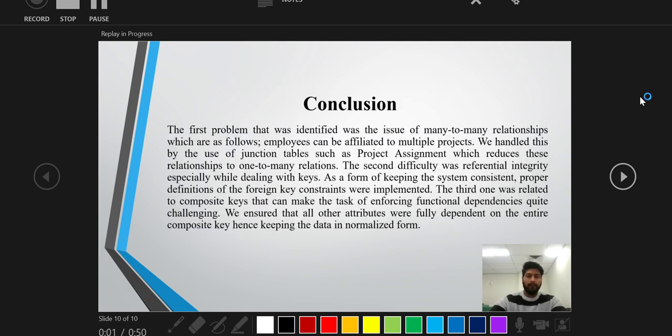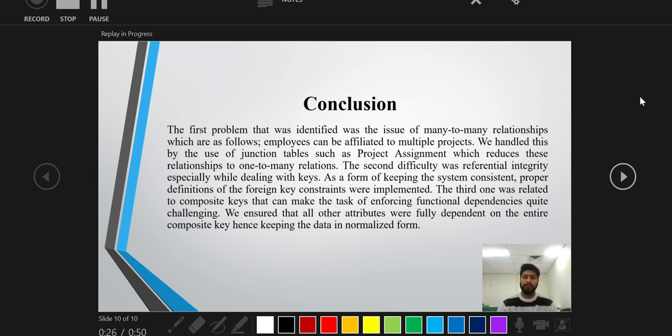The conclusion: the first problem that was identified was the issue of many to many relationships. Employees can be affiliated to multiple projects. We handle this by the use of junction tables such as project assignment, which reduce these relationships to one to many relations. The second difficulty was referential integrity, especially while dealing with keys.